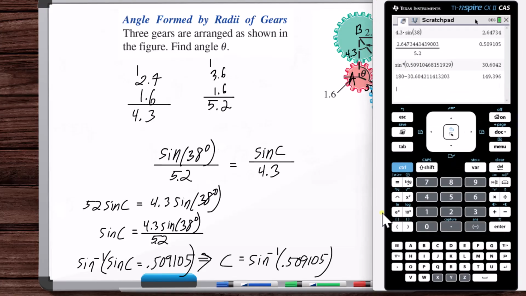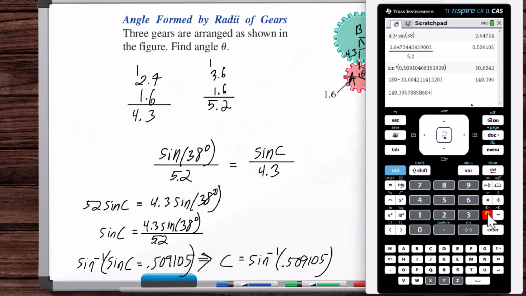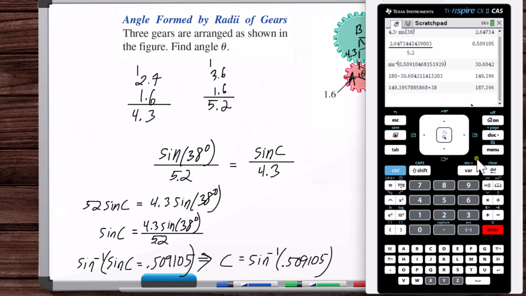So if the angle was 149.346, let's add 38 degrees to this. Well, that's greater than 180, so it can't be 149.396. That means the angle C has to be this.